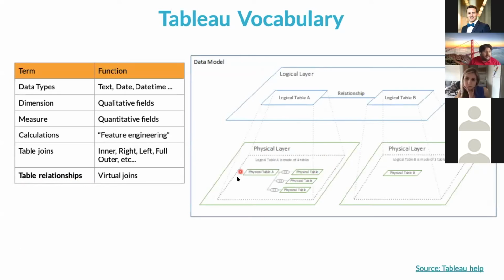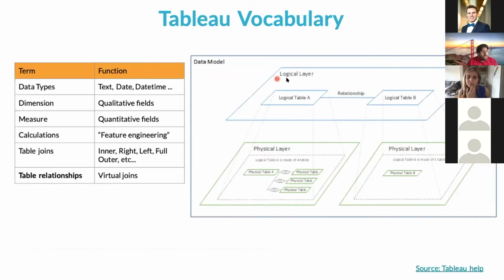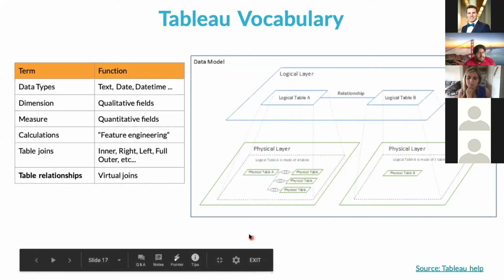So there's this idea that you have a table A, that's a physical layer, and a table B. If you were to do a join, you would physically join those two things together. But if you were to do a logical relationship, you can link two data sets together without committing to the full join.